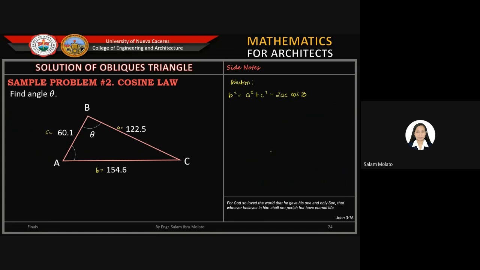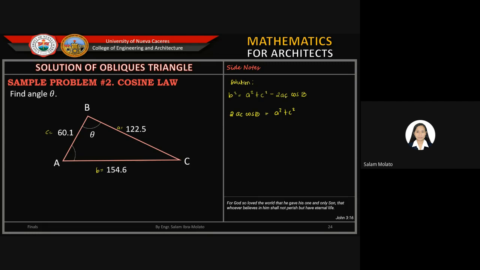Or we can use the other formula, the form of the cosine law in terms of angle. I'll show you the derivation of our formula for the cosine law in terms of angle. If I transpose negative 2AC cosine B to the other side, it becomes positive 2AC cosine B is equal to A squared plus C squared.